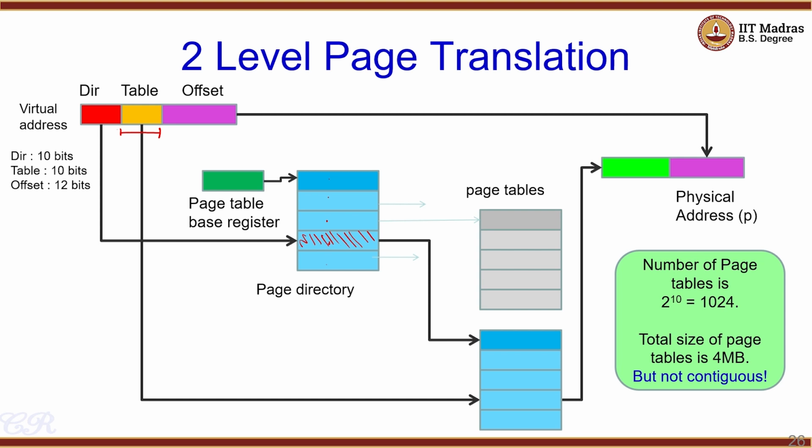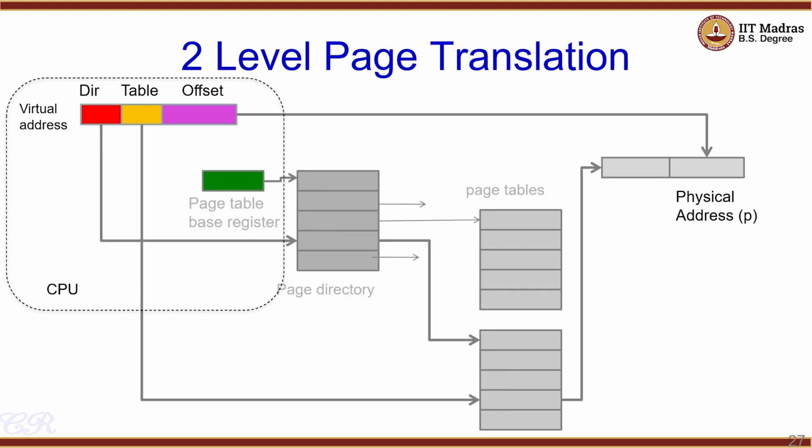Only if there is an access to some address that is held by a particular page table, only then would the page table be created, right? If no such access is made, then you do not require the page table, right? So let us see the entire process, right?